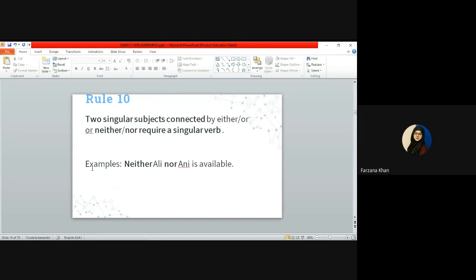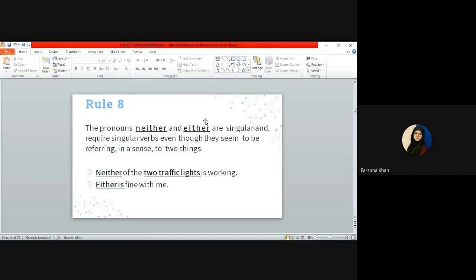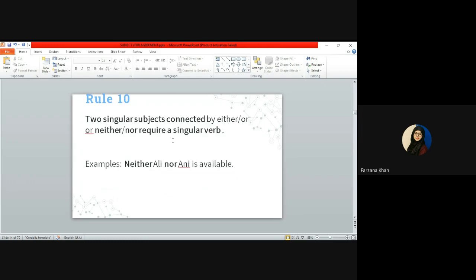Rule number 10. Two singular subjects connected by either or, neither nor, require a singular verb. In the previous rule, either and neither always require a singular verb, and when two subjects are connected by either or and neither nor, then you will always use a singular verb here.